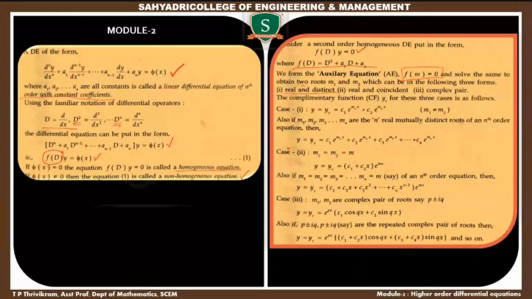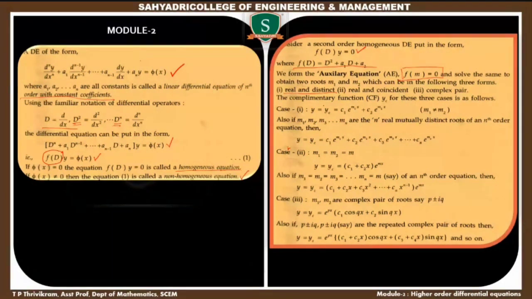Distinct is nothing but different, not a unique number. You should get different roots for a given differential equation. They should be real numbers and distinct, that means one should not be equal to another. Such roots are called real and distinct.